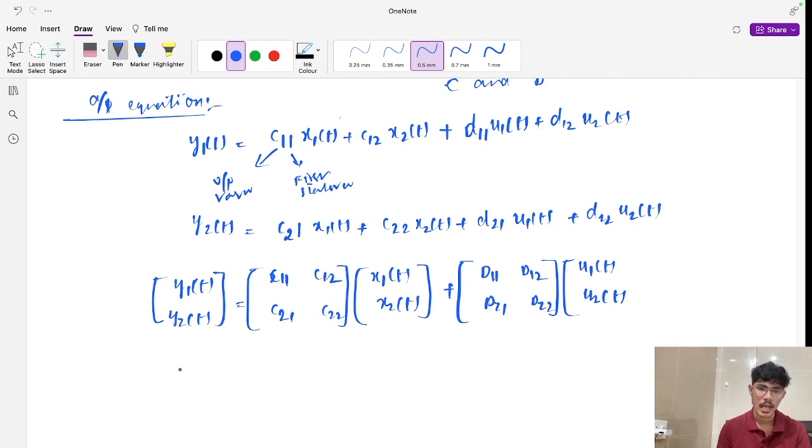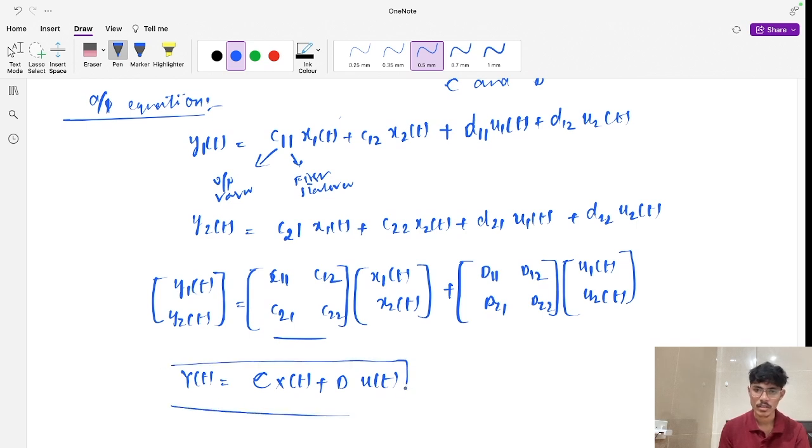This y of t I can represent as y of t equals C into x of t plus D into u of t, where the whole matrix is considered as D and the input variables are u of t. This is the output equation of the state model.